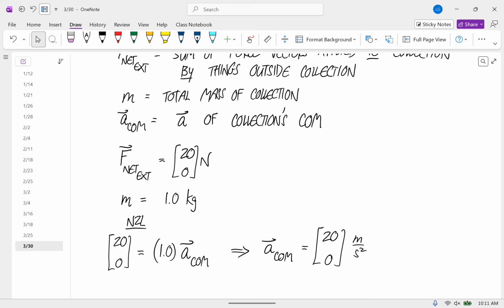And it makes sense because the ball itself would be going 5 times as fast, but when you consider all five together, that's right.